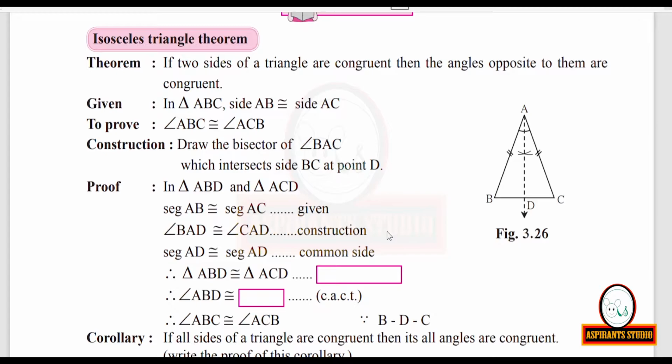Here the angle is the included angle between the two sides. So we are going to apply the SAS test here, side angle side test, and tell that these two triangles are congruent.